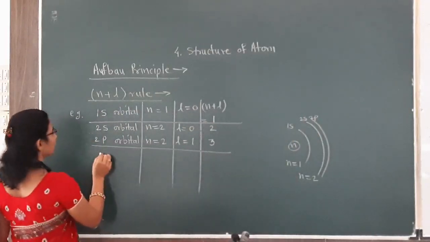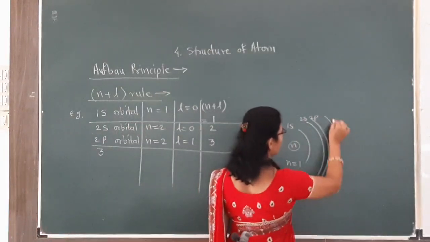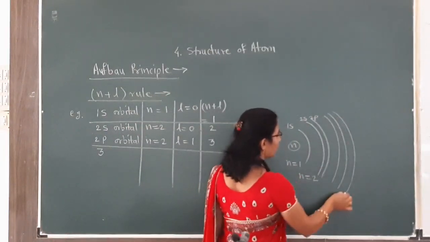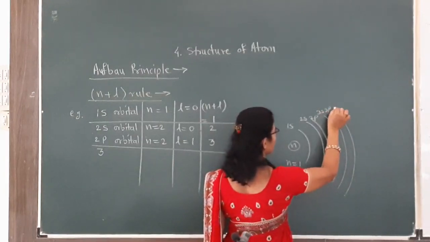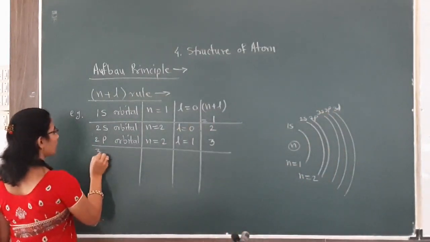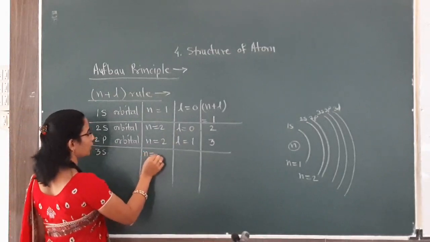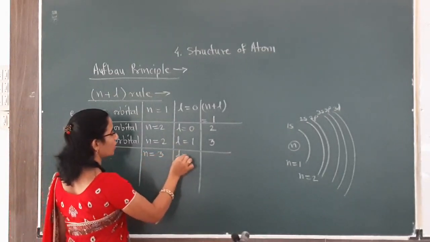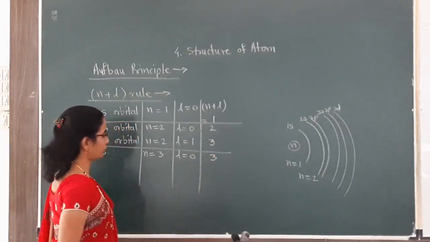But see the third shell. Here we know that the third shell possesses three subshells, and that subshells are named as 3s, 3p and 3d. Now let's see the 3s subshell. Here for the 3s, we know that n is equal to 3 and l is equal to 0, again the sum becomes 3.